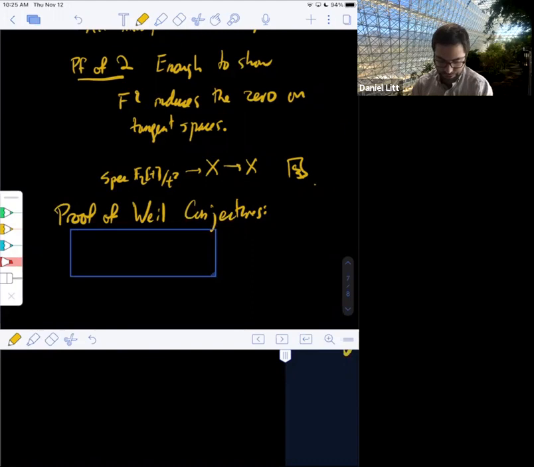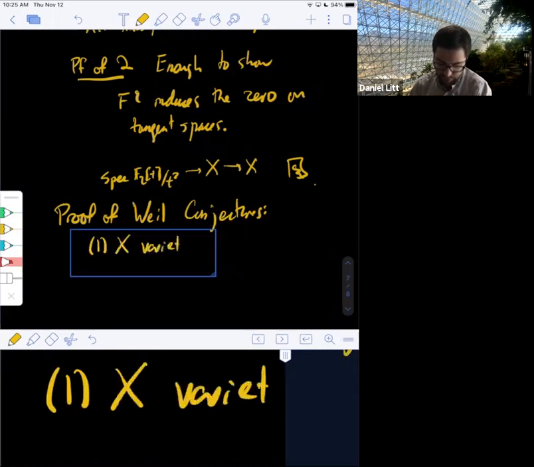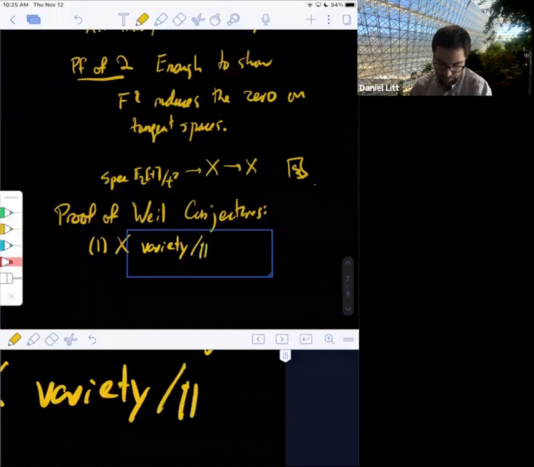Okay, so if there are no questions and no one says they want a longer break, I'll get started. So let's start with what we're trying to prove. We're trying to prove rationality. Here, X is going to be a variety over a finite field.